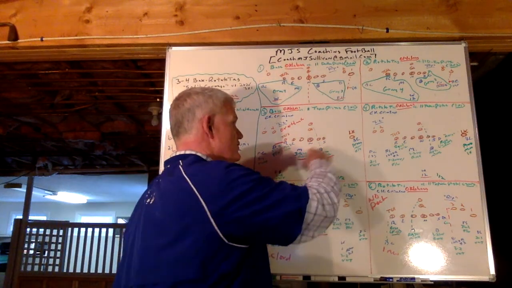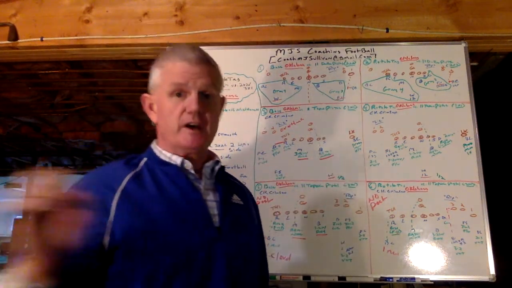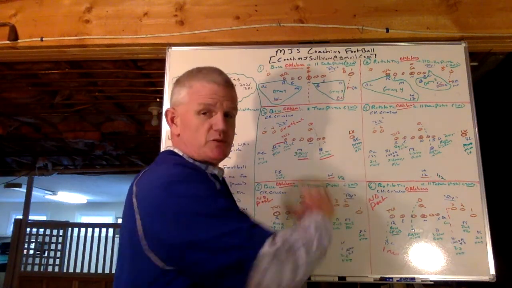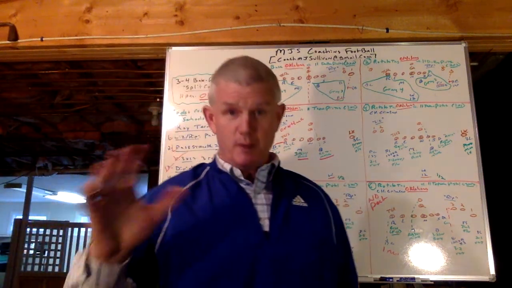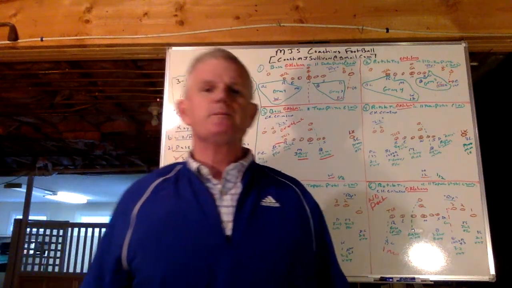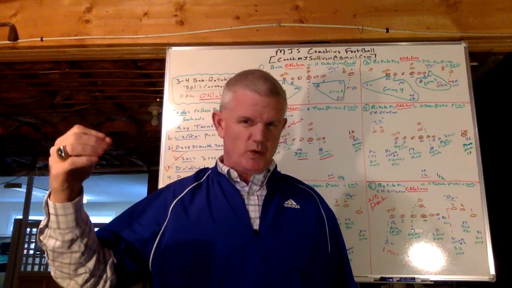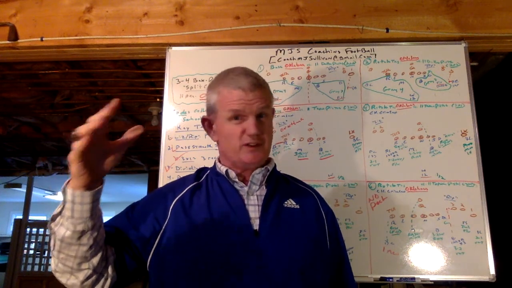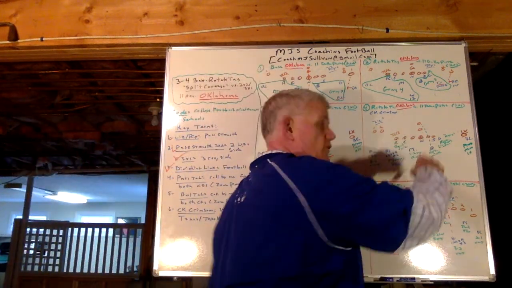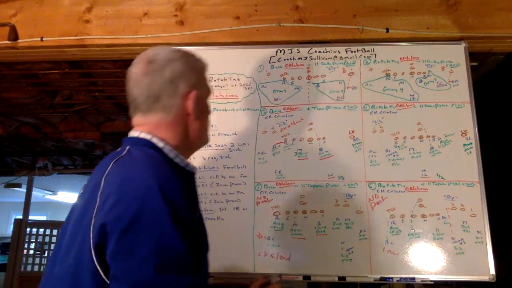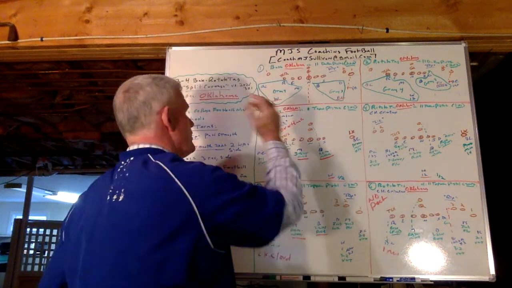So this is a great call when it's going to be a pass. So we base it upon our opponent's tendencies. Because if it's 50-50, 60-40, 55-45, or it's definite run, we're going to be in rotate, as you'll see. Either way, right now we're in base.